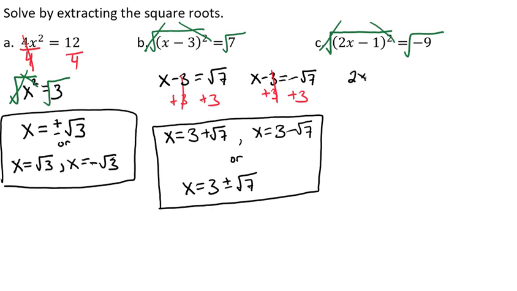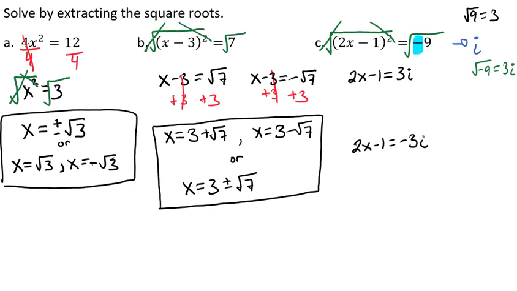So we're going to have 2x minus 1 equals, now the square root of 9 equals 3. But when we have a negative in there, that tells us that we also have an i. So the square root of negative 9 equals 3i. So we're going to have a positive 3i, and we're also going to have to solve it with a negative 3i.